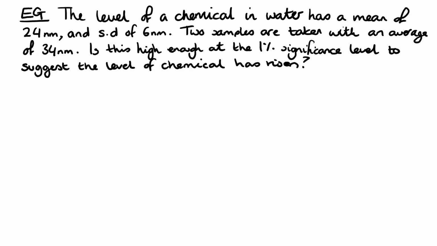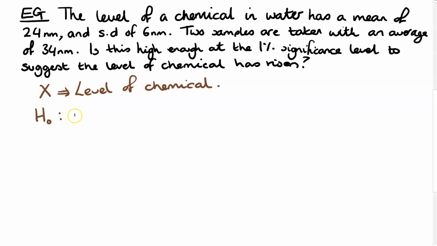Okay, so there's a few things you have to state before you start doing a hypothesis test. You have to state what it is you're measuring. So we are measuring the level of chemical, and we are assuming no change.